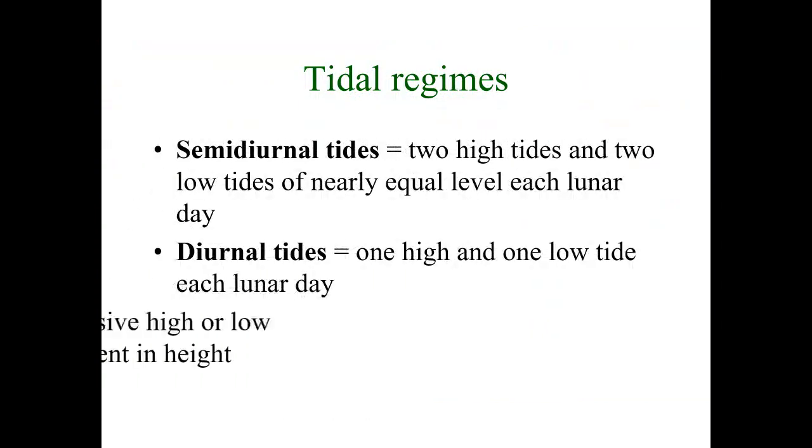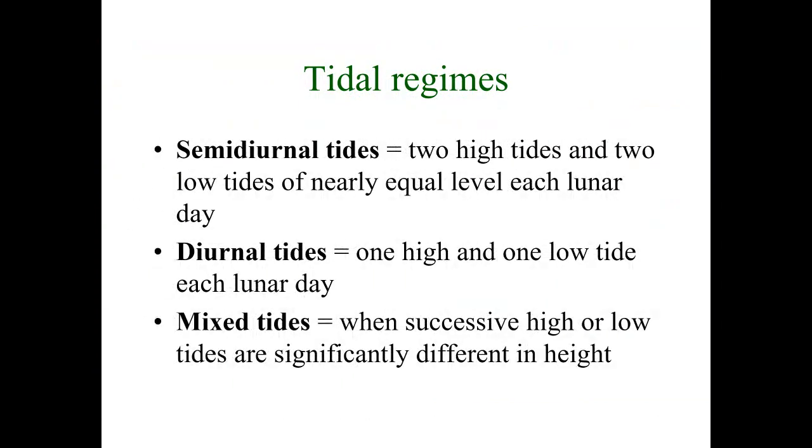What's interesting about tidal regimes, again, these are all the definitions of what we just discussed. What's interesting about tidal regimes is that they're going to be different depending on where you are in the world. Ours, of course, is right here: two highs and two lows of nearly equal height, not completely equal, nearly equal, each lunar day.